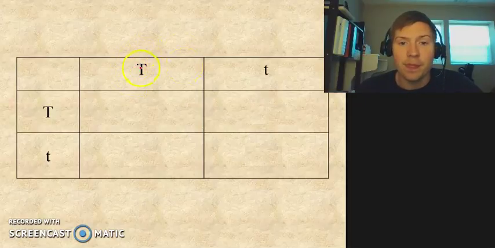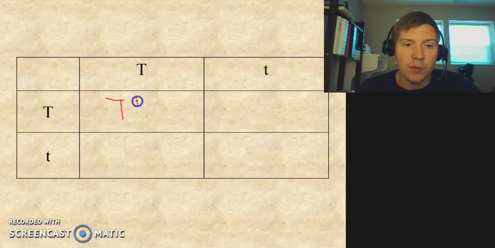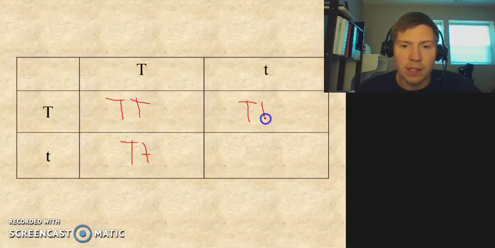So this individual, which is big T, little t, it can only give a big T or a little t. So if we fill out our Punnett square, big T here, we will get something like this.